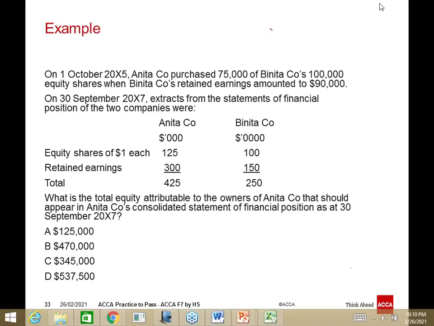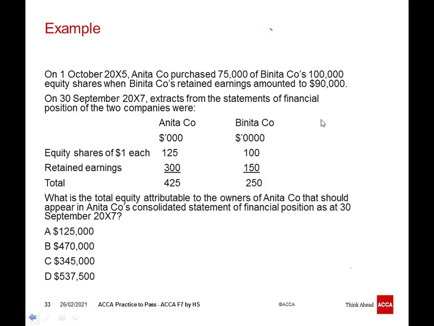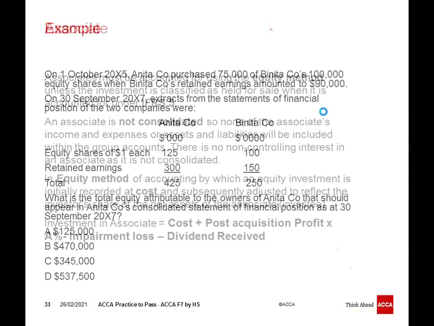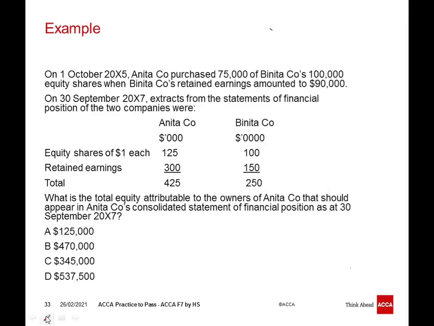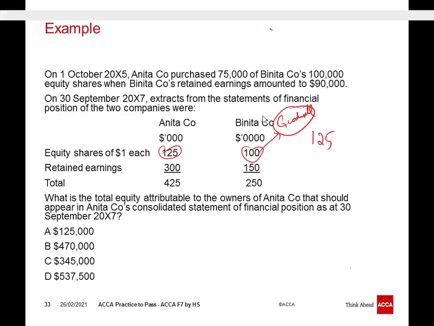Always remember this point, that whenever you are preparing a consolidated balance sheet, we only report parent company share capital, because the subsidiary company share capital will go in the calculation of goodwill. So we never take subsidiary company share capital on the face of the balance sheet.